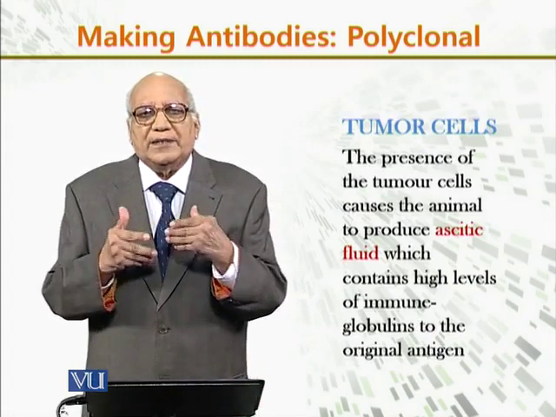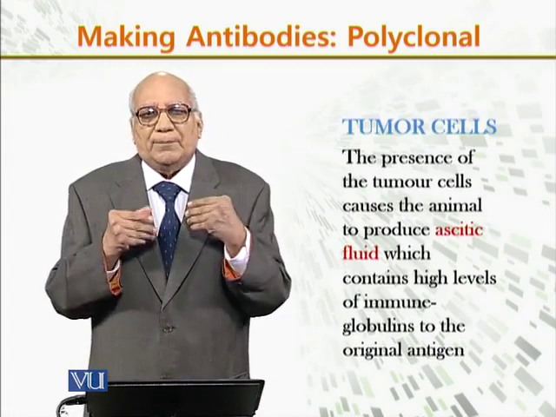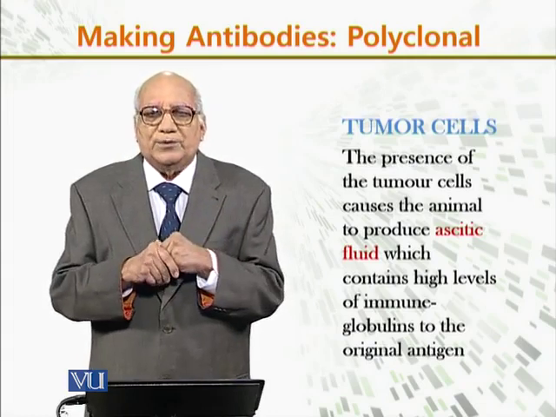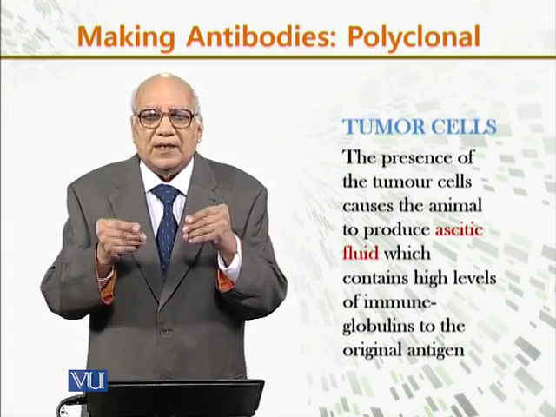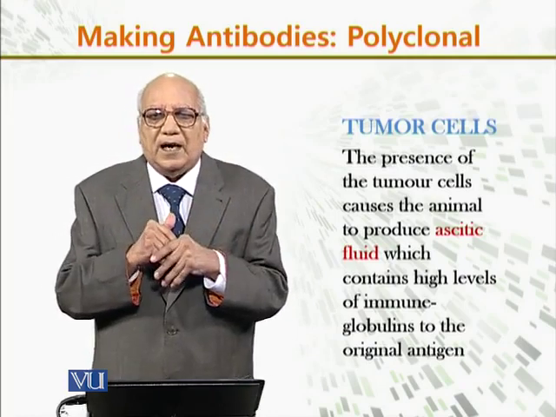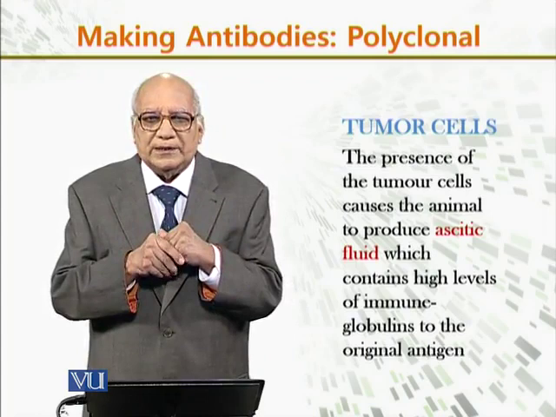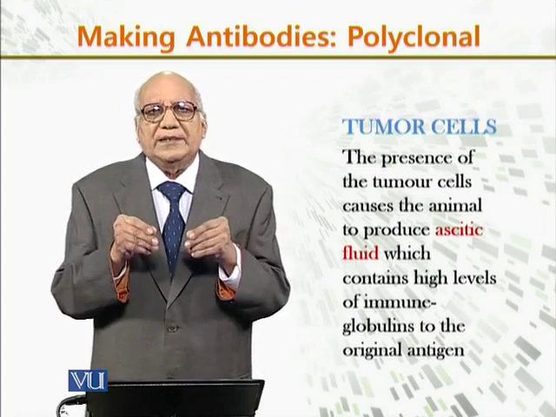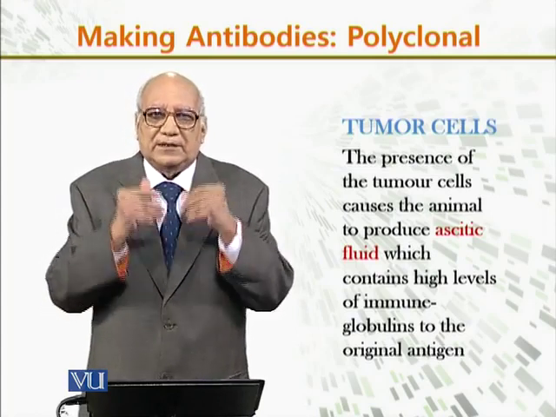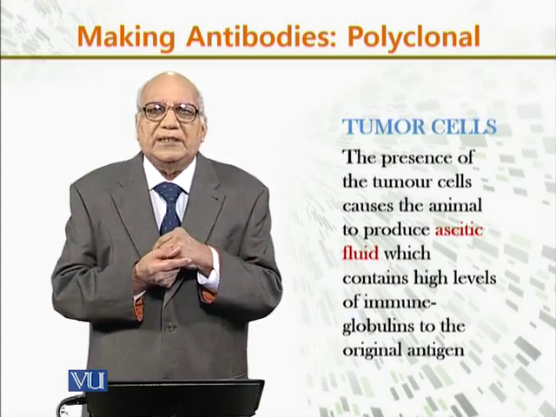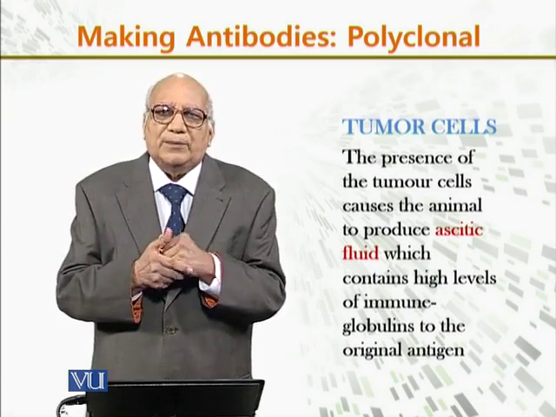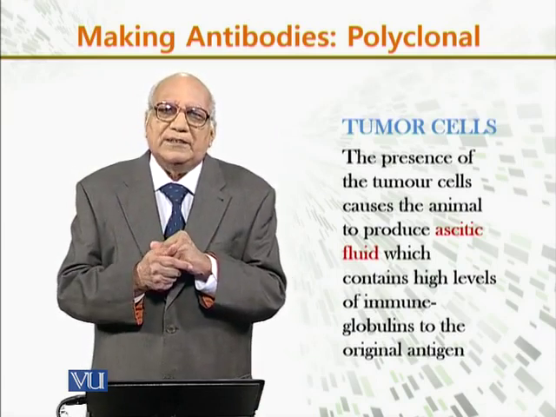It makes tumor cells. The presence of the tumor cells causes the animal to produce ascitic fluid, which contains high levels of immunoglobulin to the original antigen, and that ascitic fluid is drawn from the peritoneal cavity, and then the antibodies are purified from it.